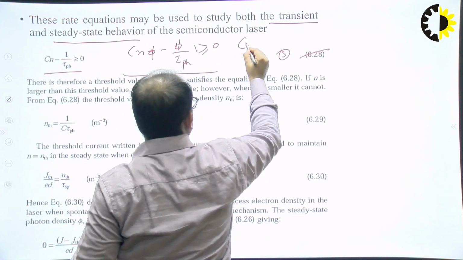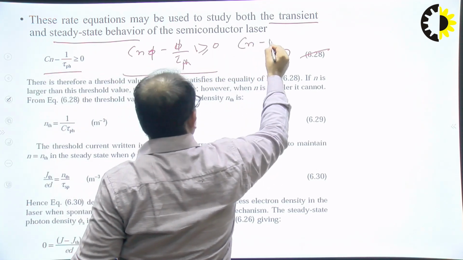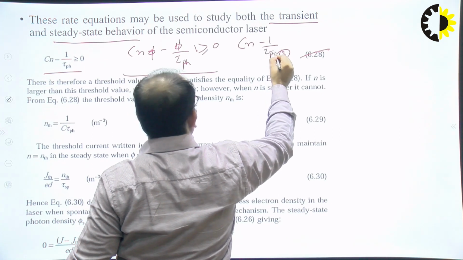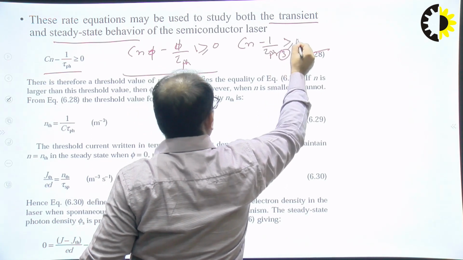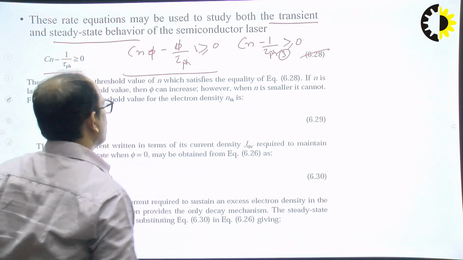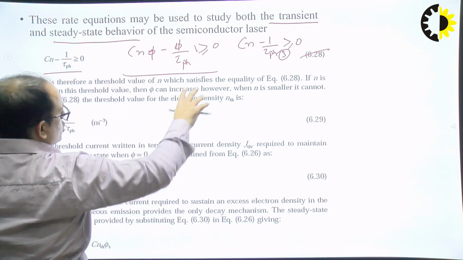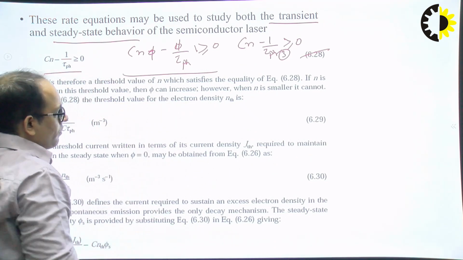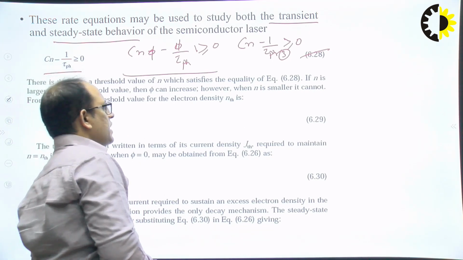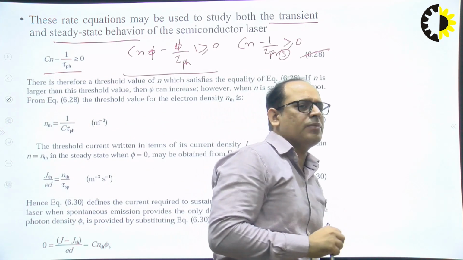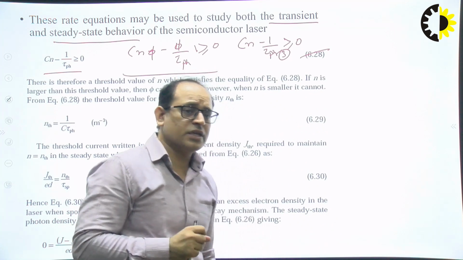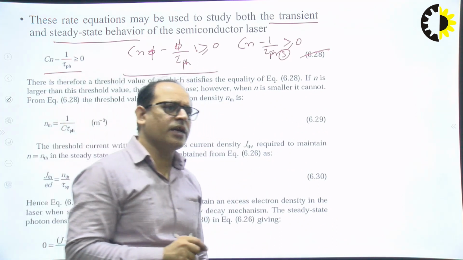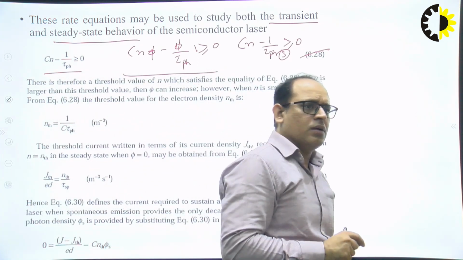Therefore Cn minus 1 upon tau ph should be greater than or equal to 0. Clear? So if I ask what is the minimum electron density required to have a stimulated emission?